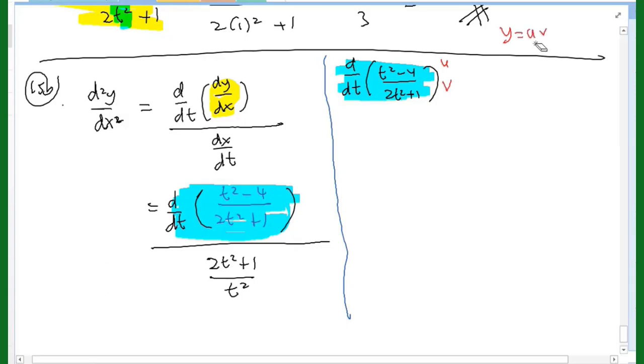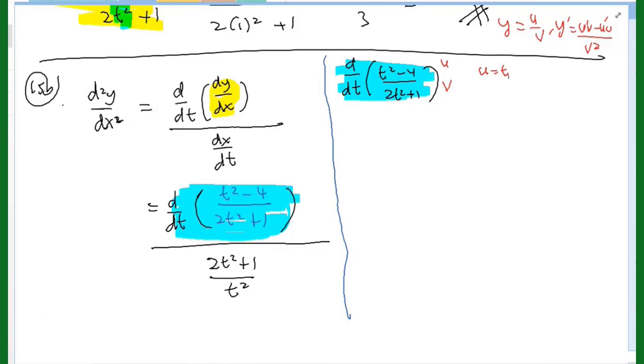Okay, quotient: u over v, and u prime v minus u v prime over v squared. Okay, so u is equal to t squared minus 4, u prime is 2t.